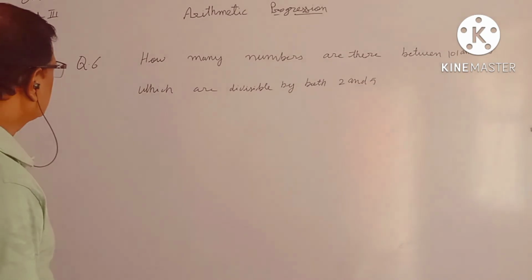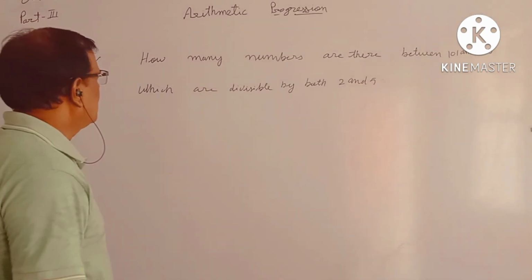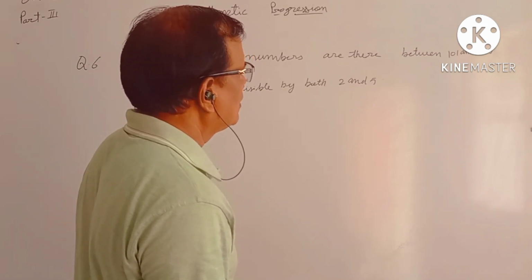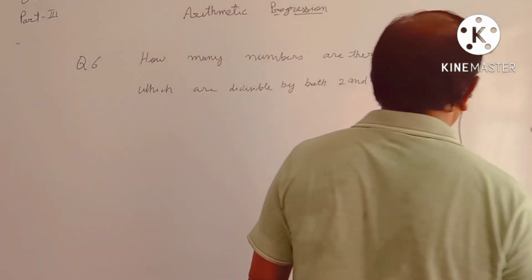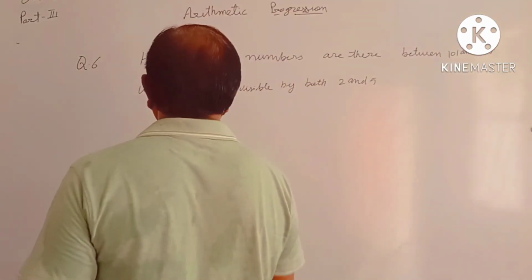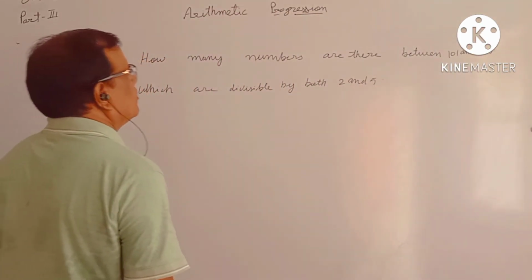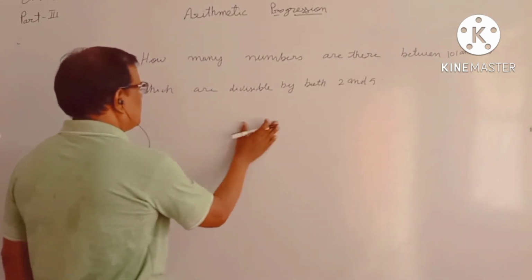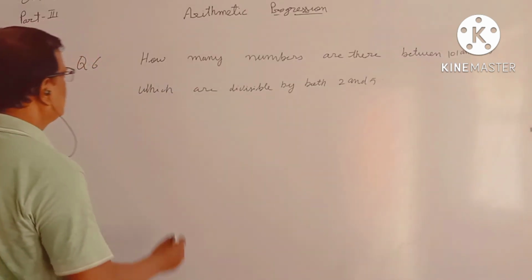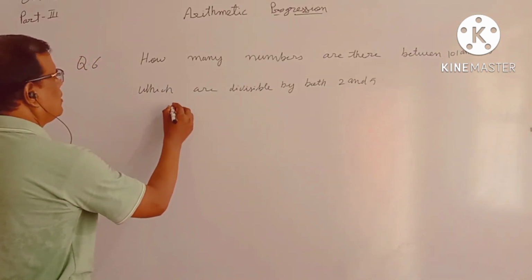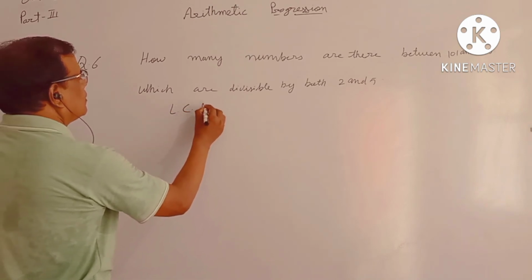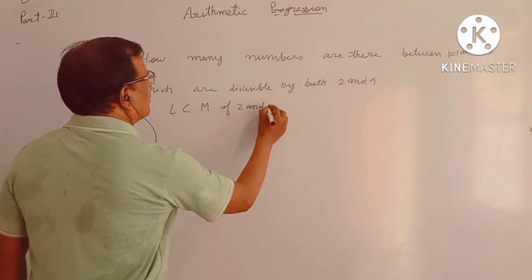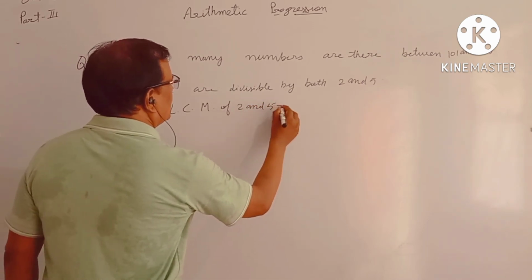Now we are going to solve question number 6. How many numbers are there between 101 and 999 which are divisible by both 2 and 5? If numbers are divisible by both 2 and 5, it means we need the LCM. The LCM of 2 and 5 will be 10.